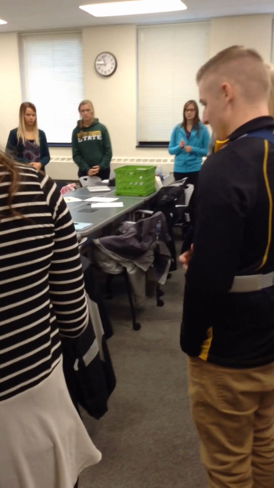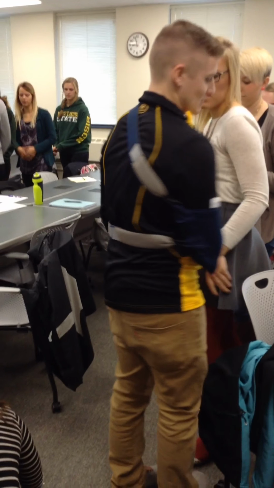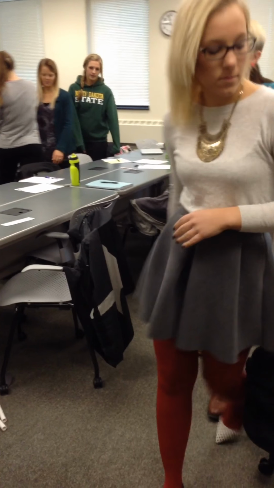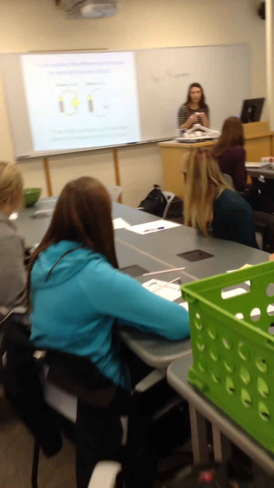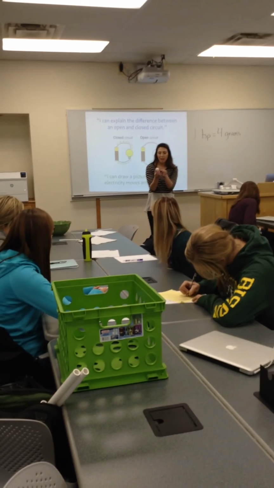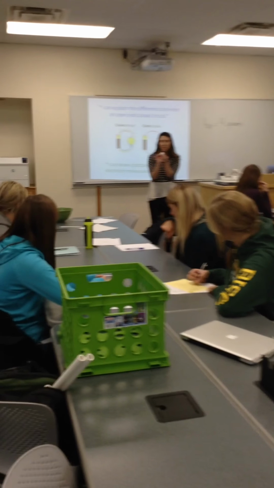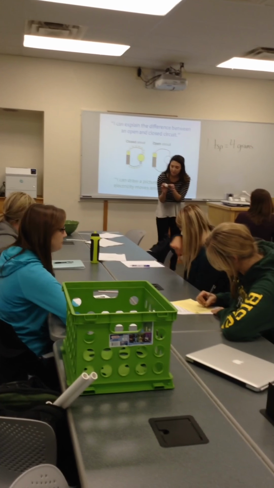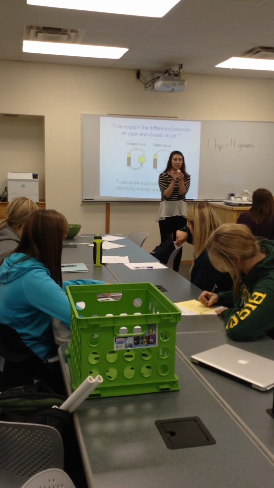We have another sort of activity. Okay, so what I have here is an energy ball, and an energy ball has a battery inside it, so that's what's providing the electricity, and it has these little sensors on either side.